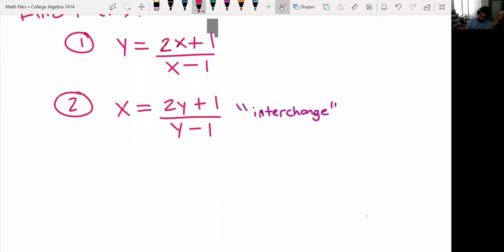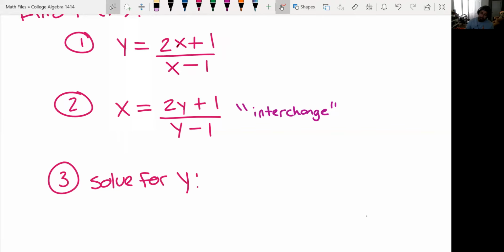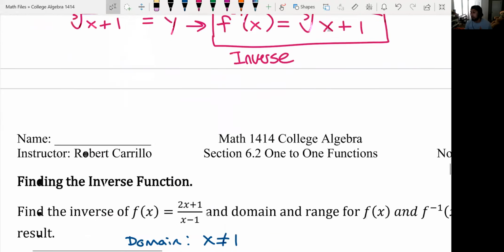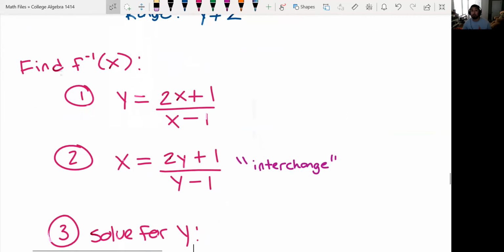Step 3, solve for y. Did I say solve for y on the last one or x? I said y. Good. It's been too long.